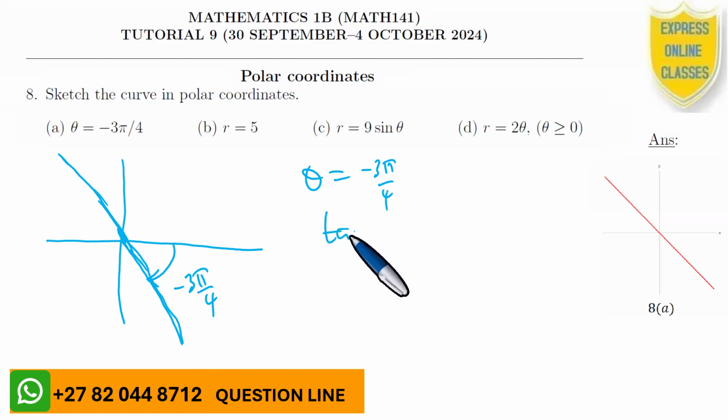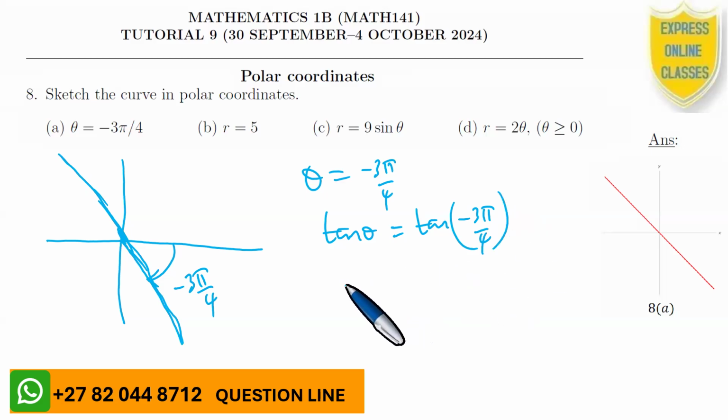Because if you look at the fact that theta is minus 3 pi over 4, you can take tan theta, which is the tan of minus 3 pi over 4, which is minus the tangent of 3 pi over 4. Now, 3 pi over 4 is the same as what?